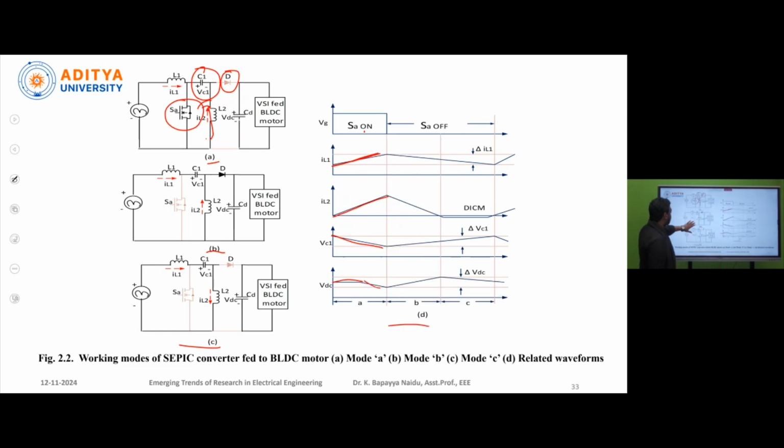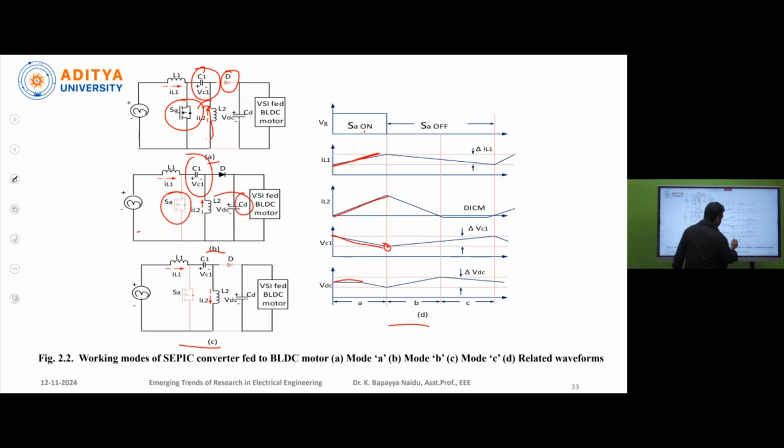Okay, now coming to the mode B. Okay, that means if switch SA is in off state, the voltage across this VC1 gets discharged. Okay, here again there is a change in voltage across this C1 and also voltage across the CD.